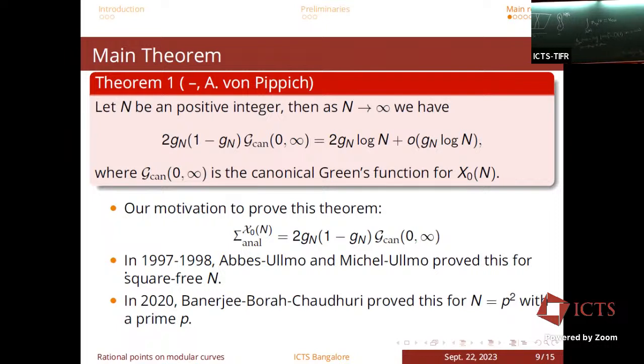If you take two cusps k and l, then this canonical Green's function is equal to 4 pi c_kl, the scattering constant with respect to cusps k and l, divided by the volume, plus the limit as s goes to 1 of the integration over X cross X of g_s(z, w), the automorphic Green's function, against mu_can(z) mu_can(w).